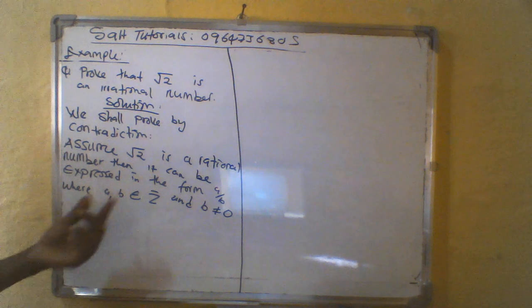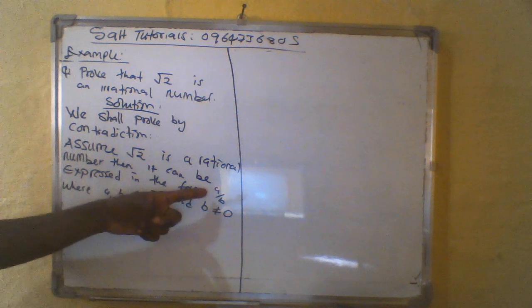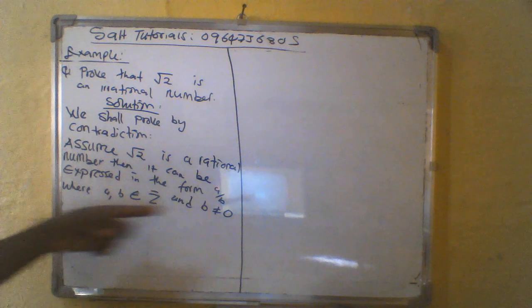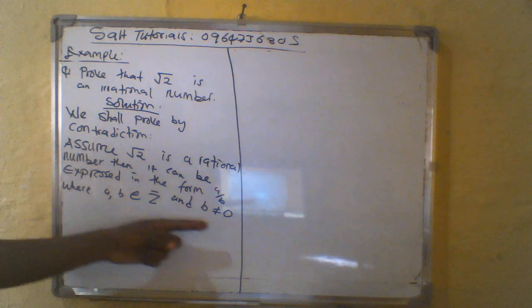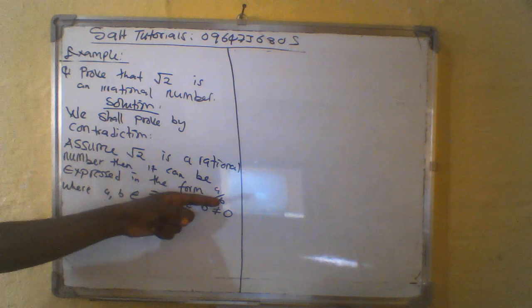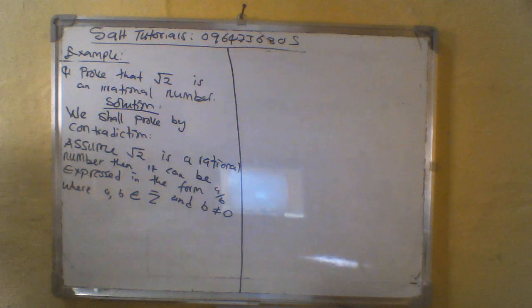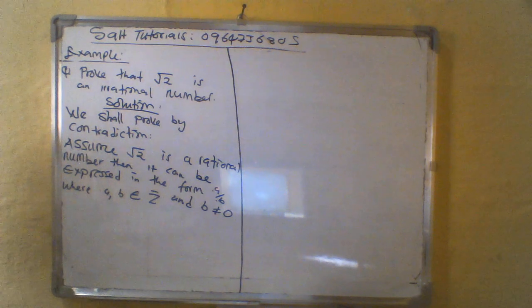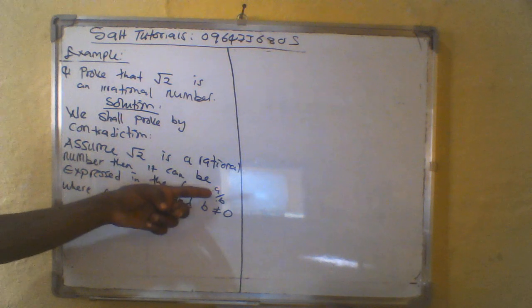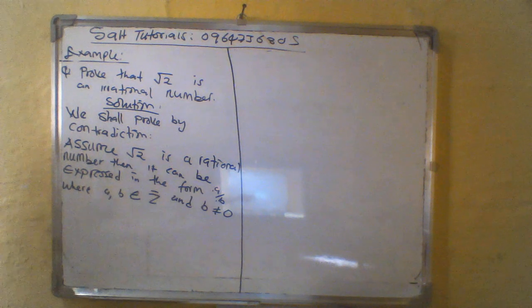So if something is a rational number, it can be written in the form of a over b, where a and b are members of the integer set, b is not equal to 0. When something is in the form of a over b, you are simply saying that these two, a and b, have no other common factor. A and b should not have any other common factor except 1.